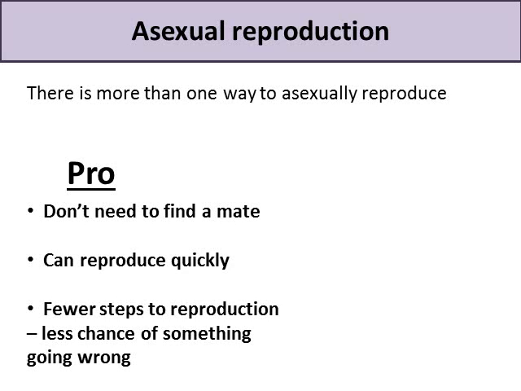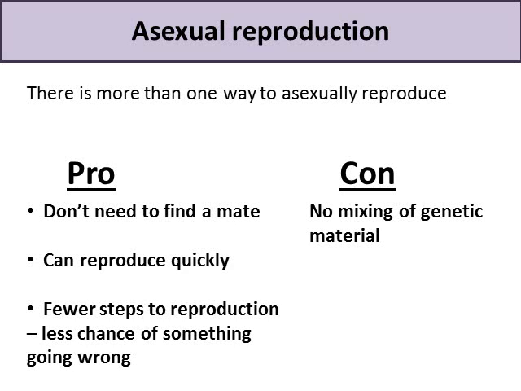It can be very hard to find a mate. Also, these populations can reproduce quickly because everybody's reproducing. This can be a real advantage if it's a population that has to exploit a certain habitat, and then they can just grow really quickly. And also there are fewer steps to reproduction, so there's less of a chance of something going wrong because it's simpler. It's a much simpler way of reproducing.